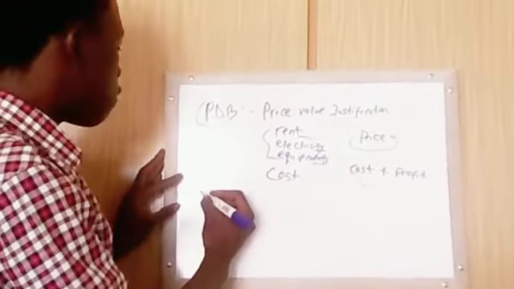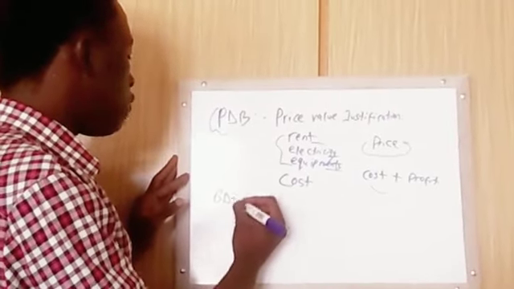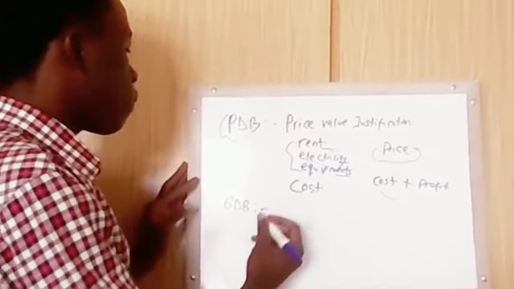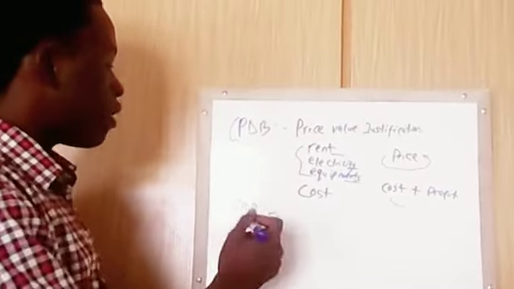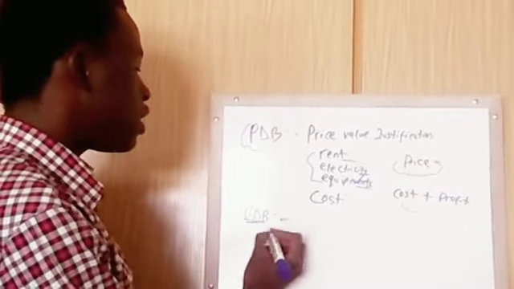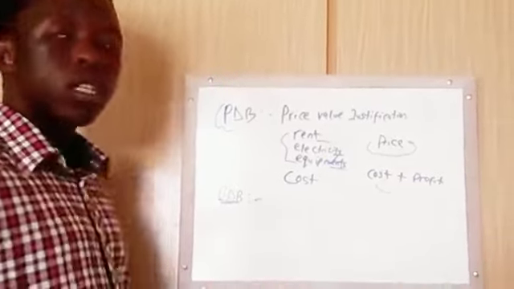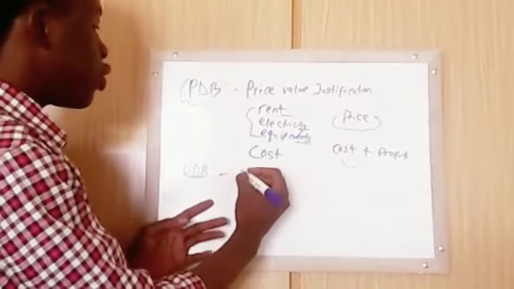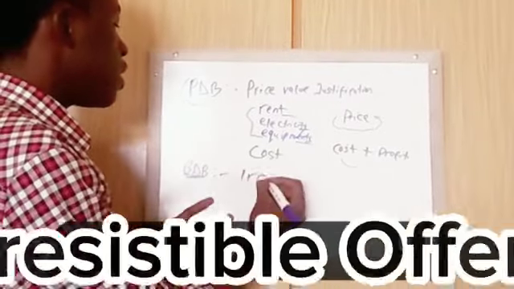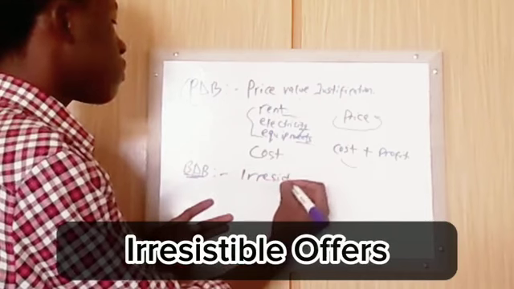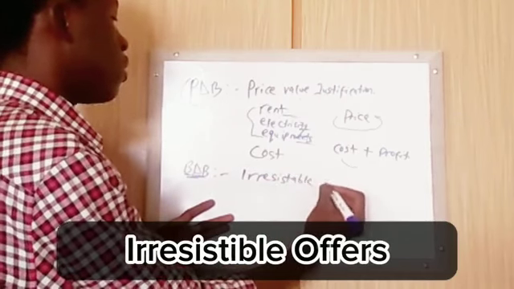The second one is for the benefit driven buyer. What are the factors you must consider to make this benefit driven buyer make a buying decision? The factor you must consider is you should make irresistible offers.